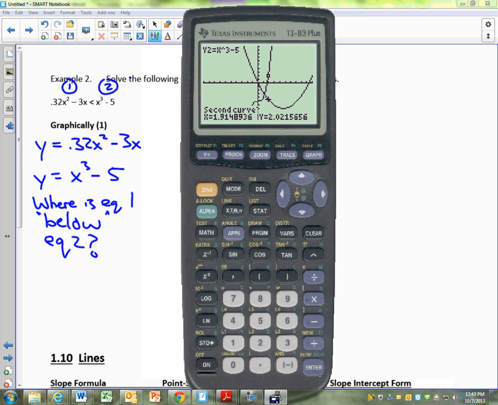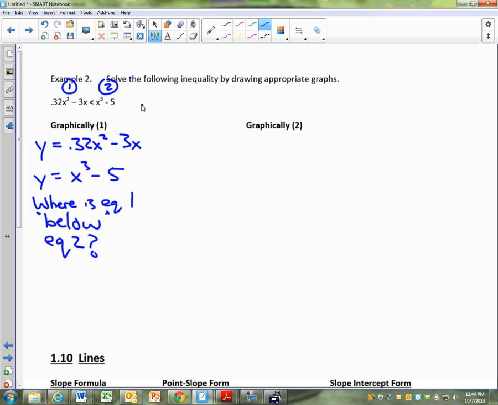Yes. Second curve. Yes. Guess. No. 1.22. Piece of cake. Upside down.